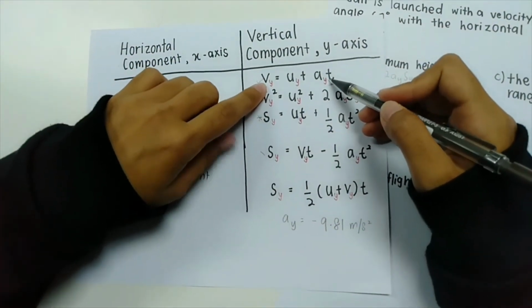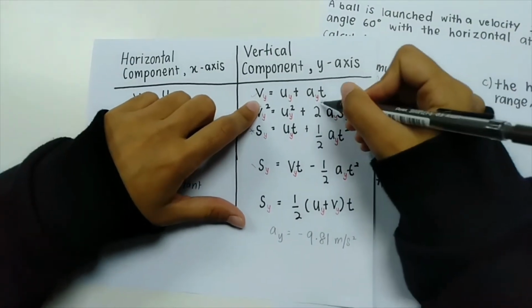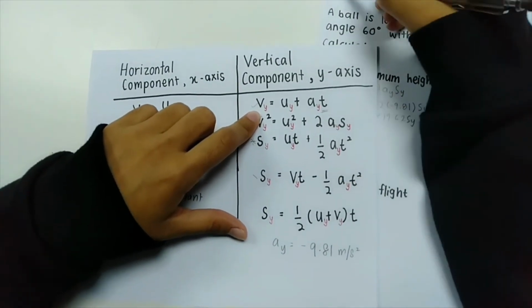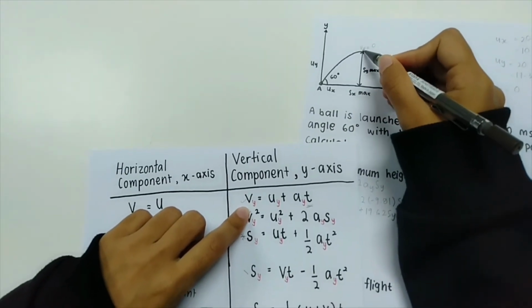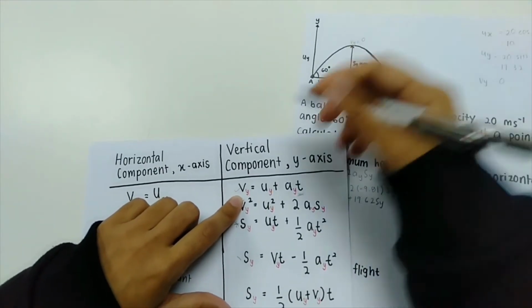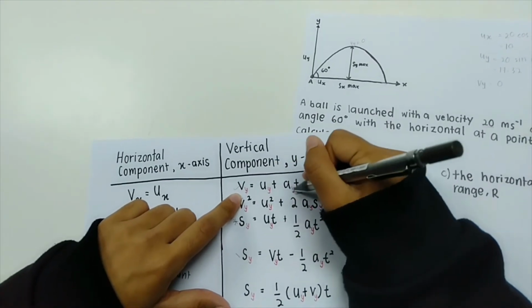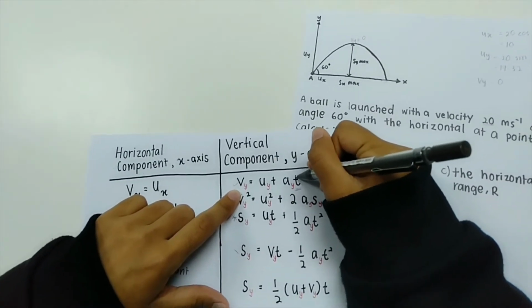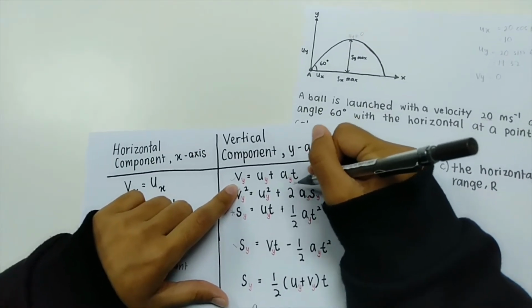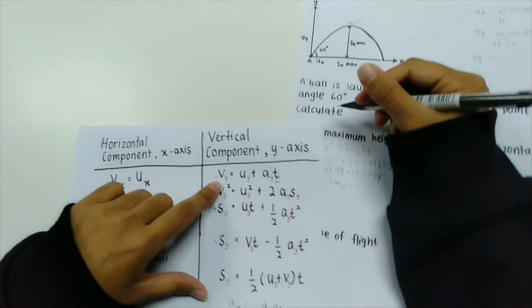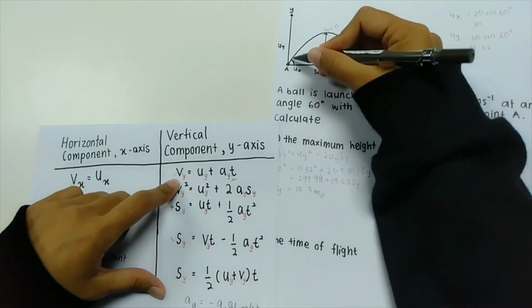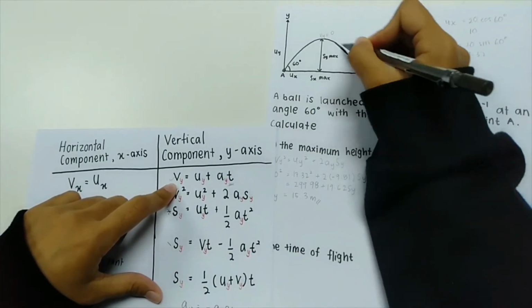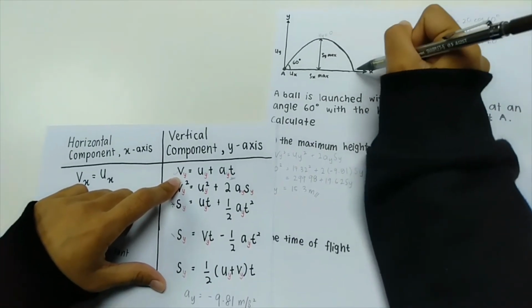But t here is only from the starting point to the middle. So after we get t, we multiply it by 2 so that we know all the time taken by the ball to reach the end point.